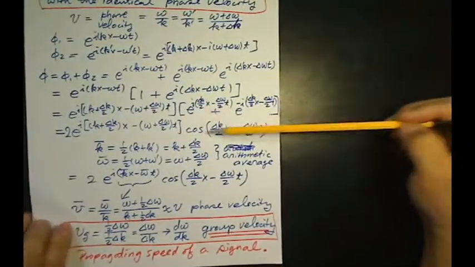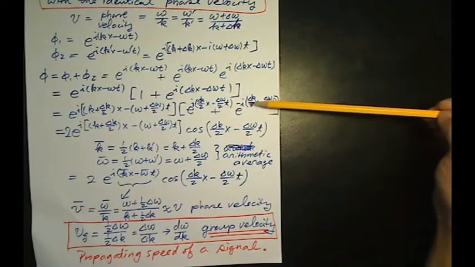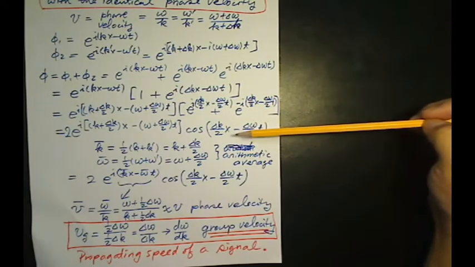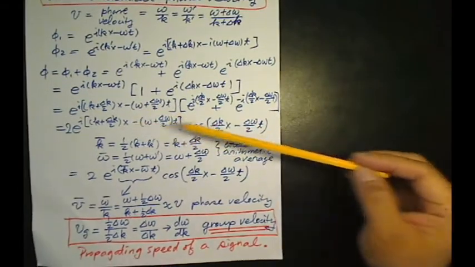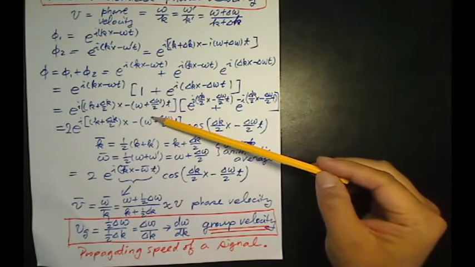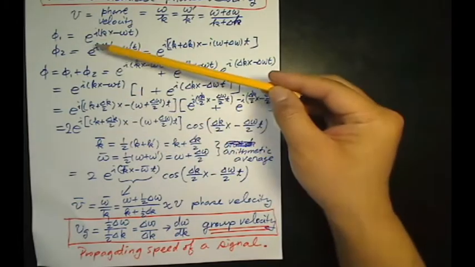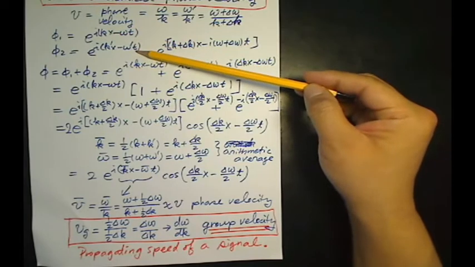And the remaining piece is a sum of two exponentials with opposite phase, that is 2 times cosine. If delta k and delta omega are small in comparison with the original value, this is the average value of these two numbers, k and k prime, and omega and omega prime.